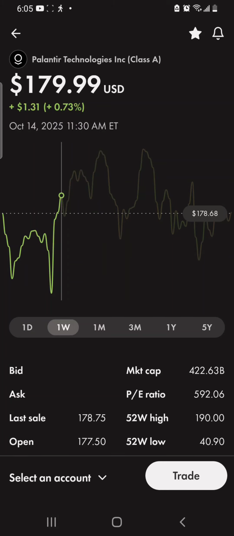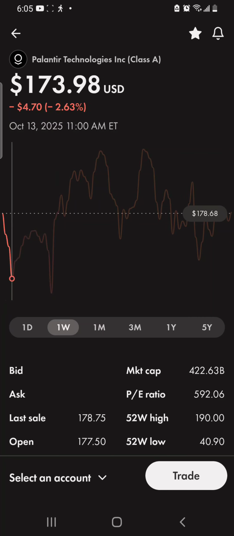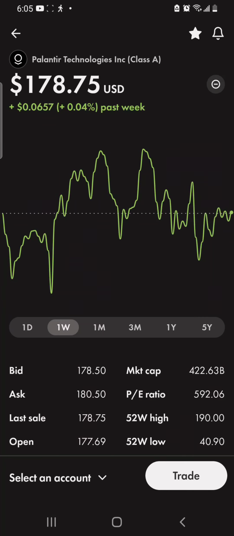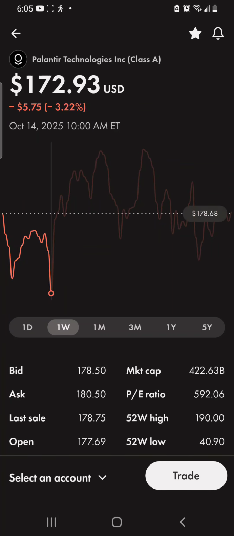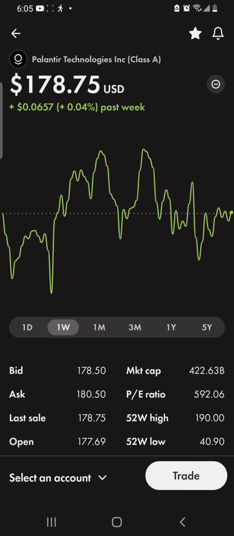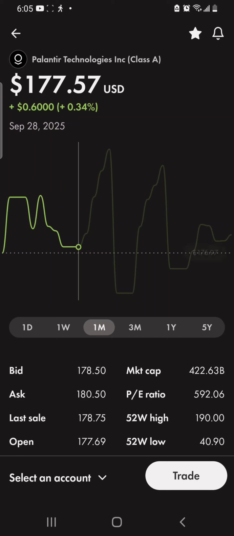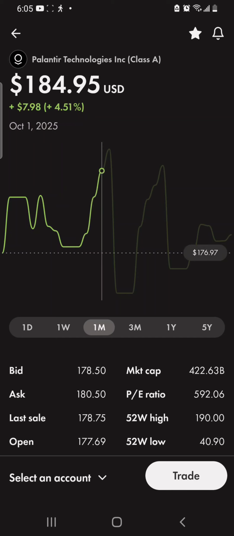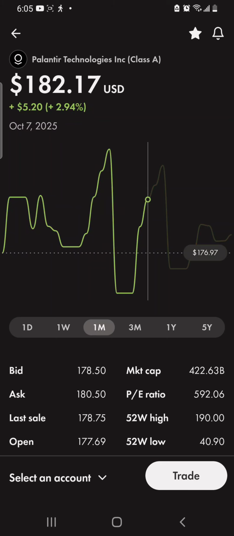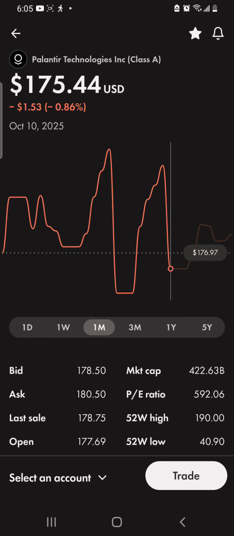And the lowest it went for the week was, let me see, 172. So when buying, you can check the chart to see when it's up. When it's up, you know that's not the right time to get in. When it's down, then you know that's the right time to get in.